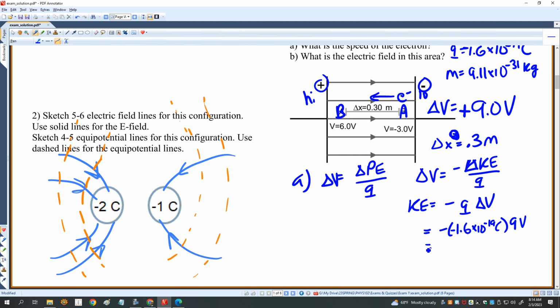So that means that I have a kinetic energy of 1.44 times 10 to the minus 18 joules. And so I'm going to set that equal to 1 half mv squared, where m is 9.11 times 10 to the minus 31, times v squared. I'm going to solve this for v. I'm going to pause here for just a second.